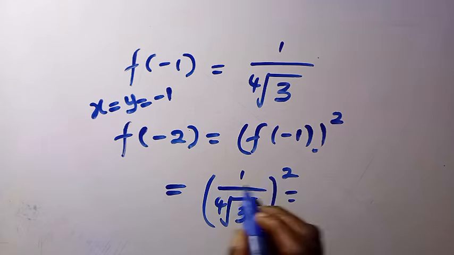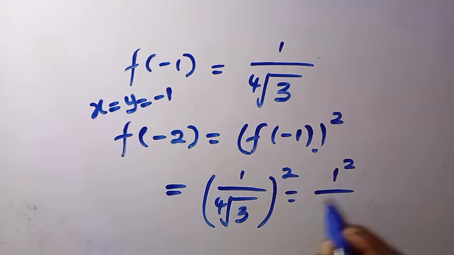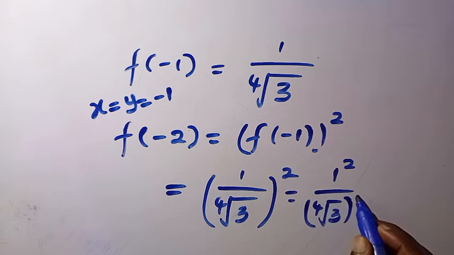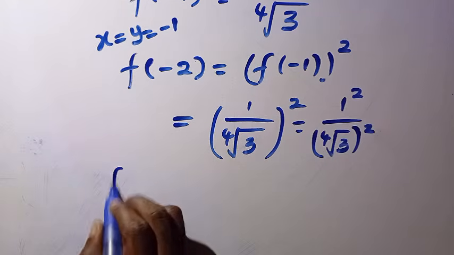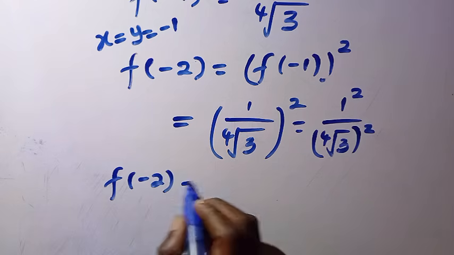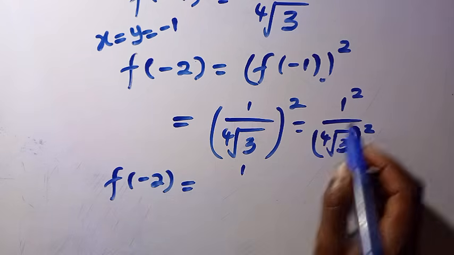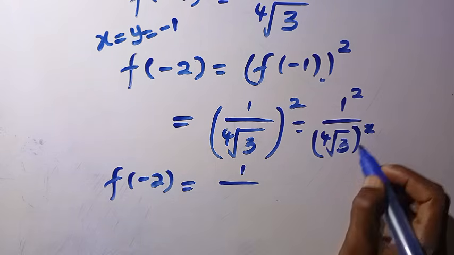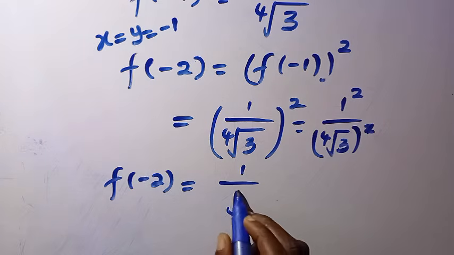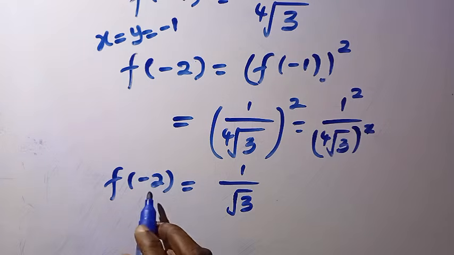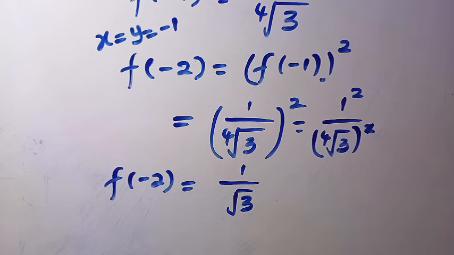And by rule of indices, we have 1 squared, and this is the fourth root of 3 raised to the power of 2. Something cancelled each other here. We have f of minus 2 equals 1 squared is 1, and the 2 reduces the fourth root, and we are going to have the root of 3. For f of minus 2, it gives 1 divided by root 3.